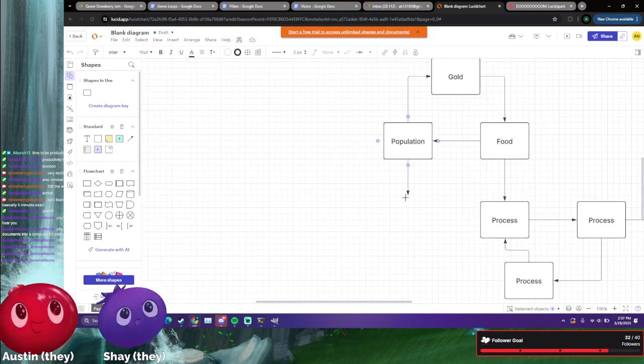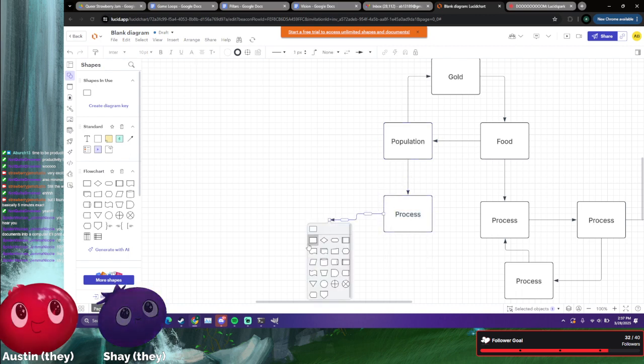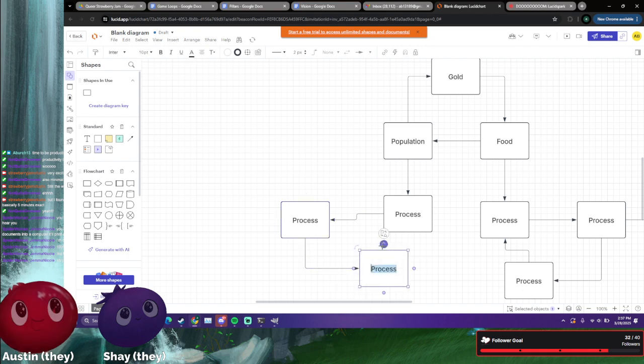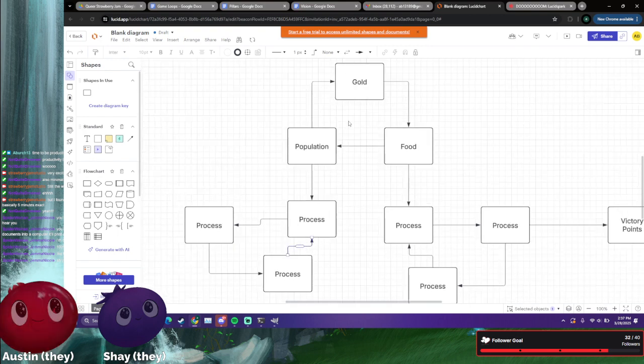And then you have another loop over here with population. And this loop doesn't actually interact back anywhere.